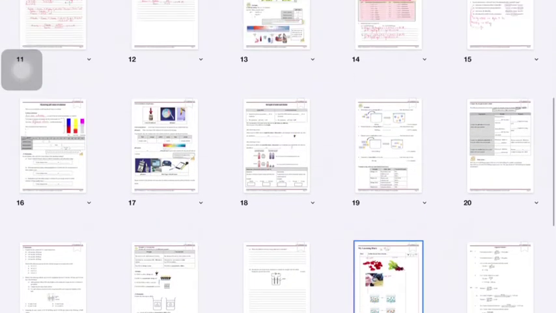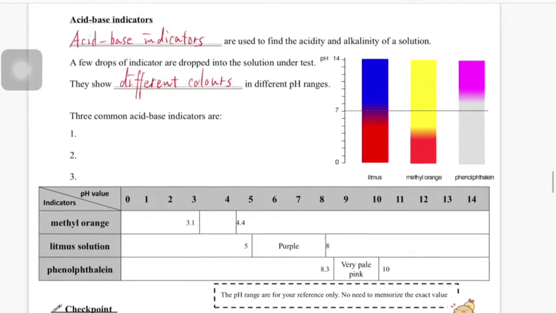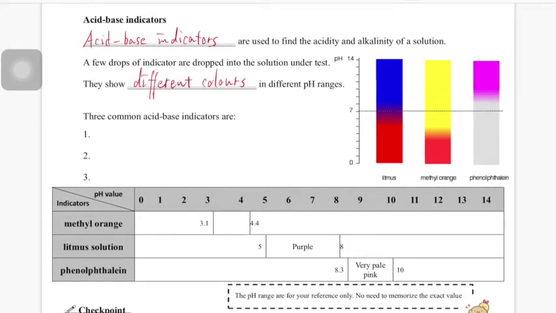Okay, so if we go back to our notes, here on our notes, we introduced some chemicals that can act as acid-base indicators. The first one is called litmus. The second one is called methyl orange.